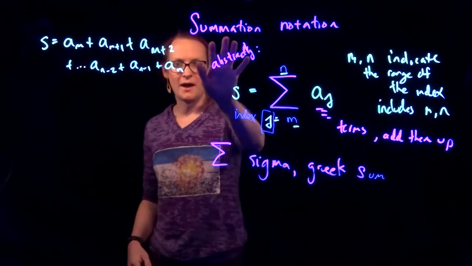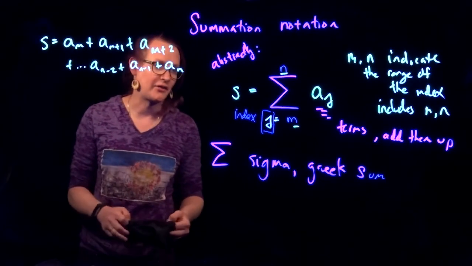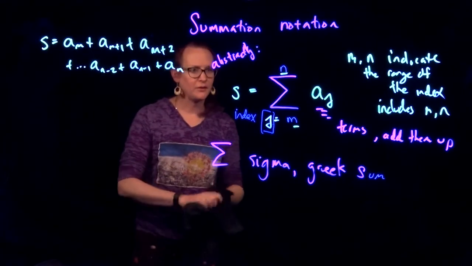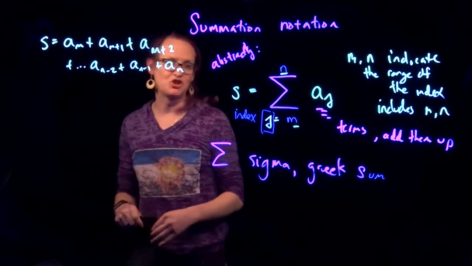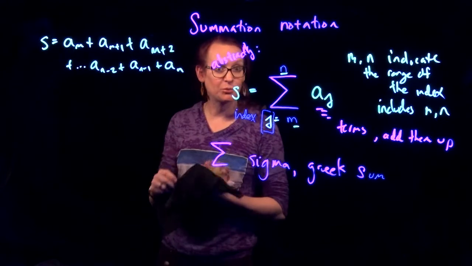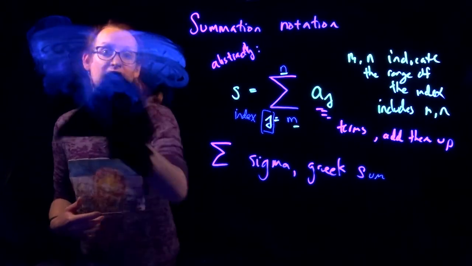Okay. So abstractly speaking, sums look like that. And so we're just looking into some list of values a sub j. And this doesn't tell us what we're supposed to do in order to produce those values.